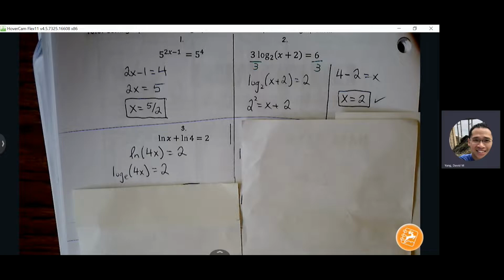So log base e of 4x equals 2. Either go through that circular visual perspective of getting it into exponential form, or you can raise both sides with e as the base, get that to cancel out and just say 4x equals e squared. So whichever perspective you want to do it in.